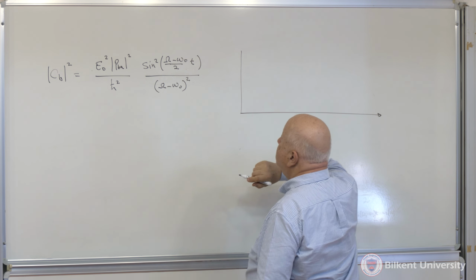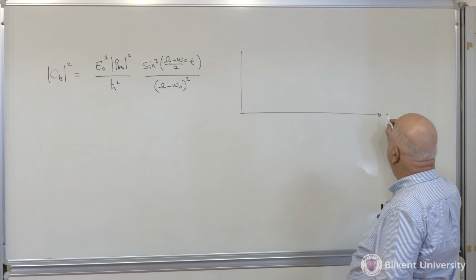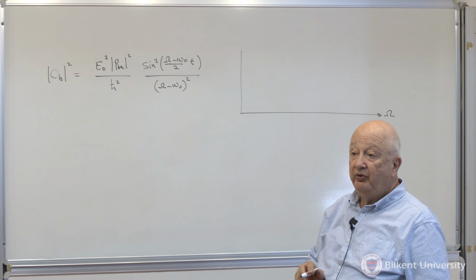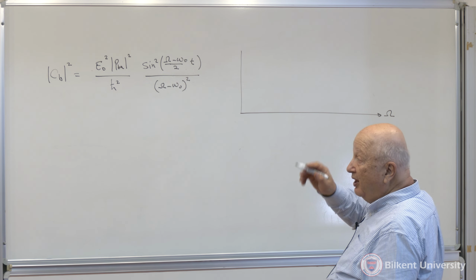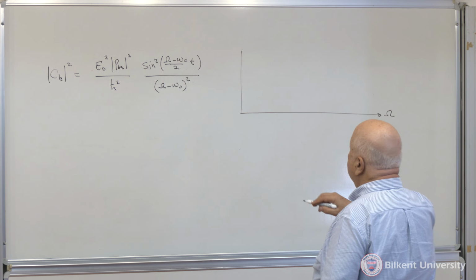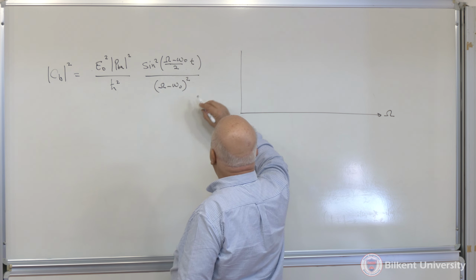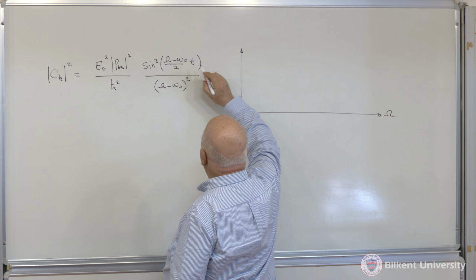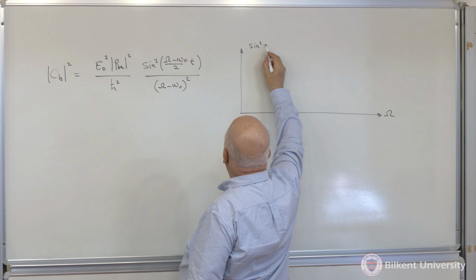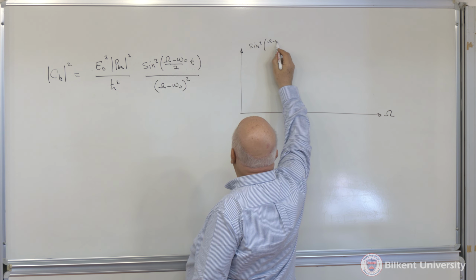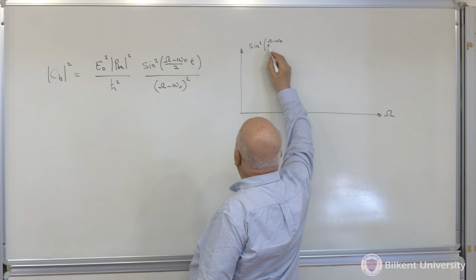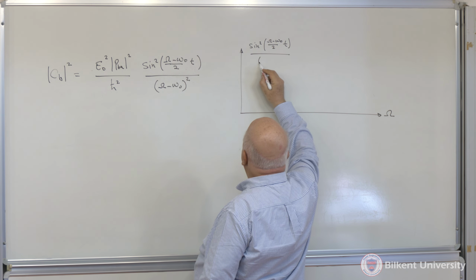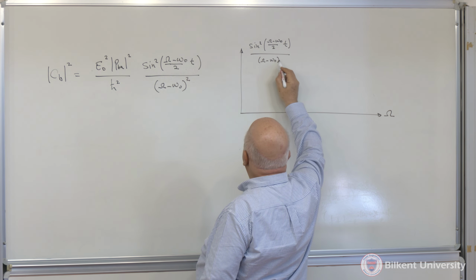If I just try to plot this as a function of the frequency that we are applying as a perturbation, let me write this piece: sine squared of (omega minus omega 0) over 2 t, divided by (omega minus omega 0) squared.